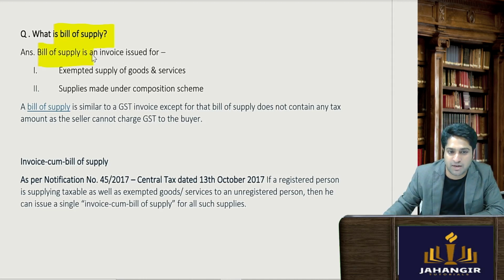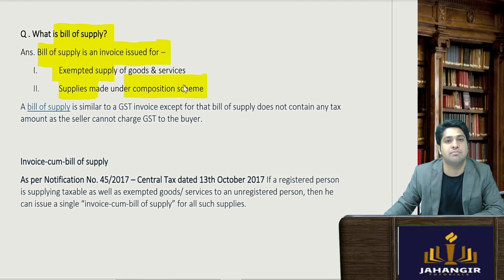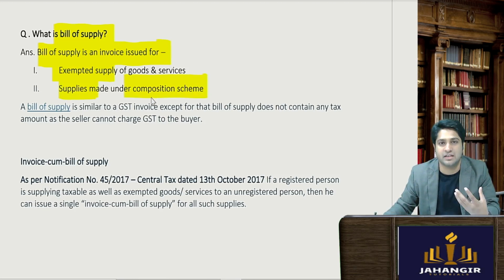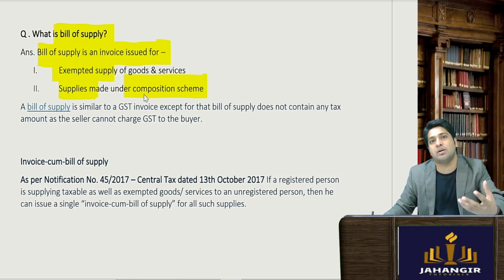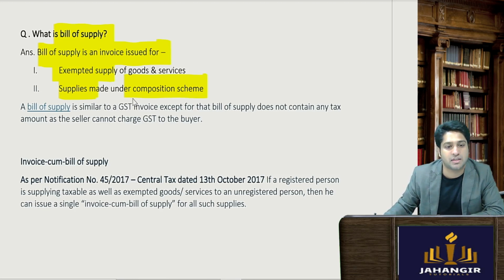So a bill of supply is issued for exempt supplies and for supplies made under the composition scheme, because composition dealers, if you read under section 10, you'll come to know that they cannot issue tax invoices. They cannot collect tax from the customers.